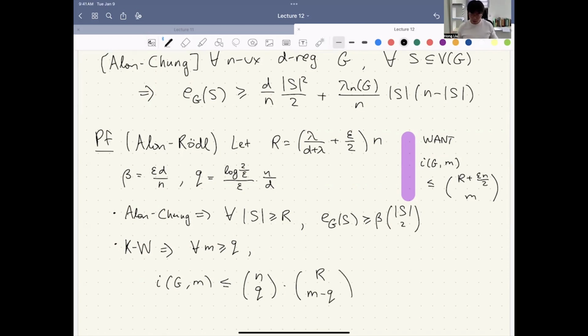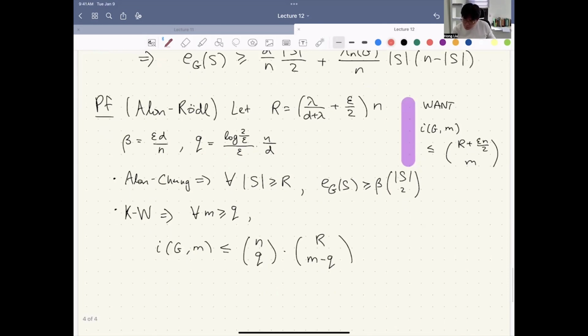This is Kleitman-Winston. So all we need to do now is to bound it.